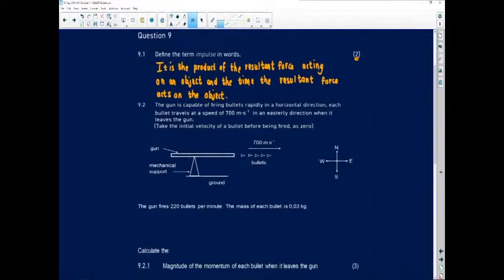So when we define the term impulse, it is the product of the resultant force acting on an object and the time the resultant force acts on an object.